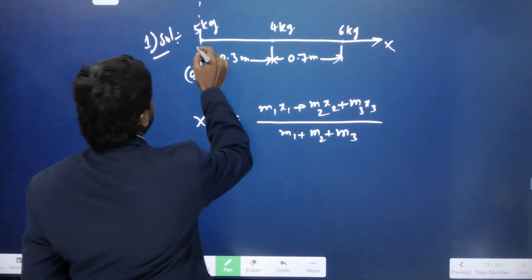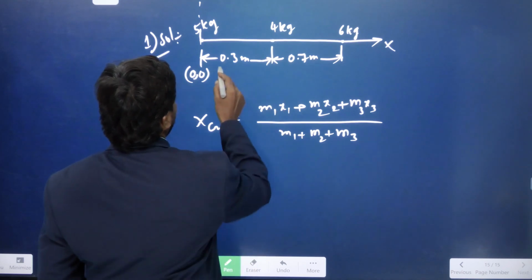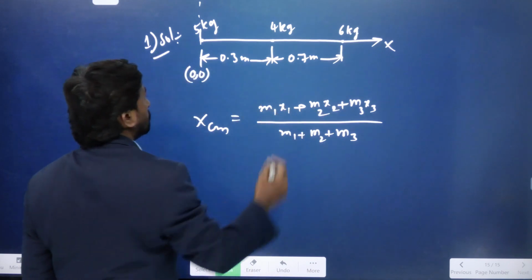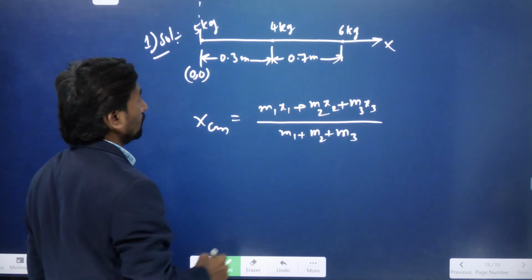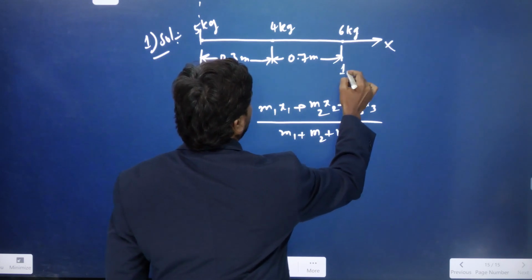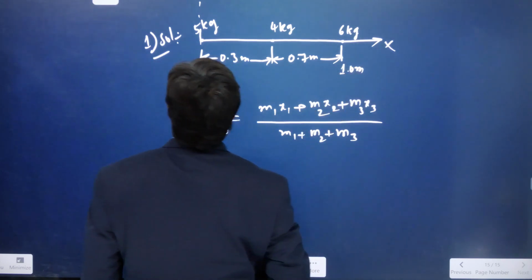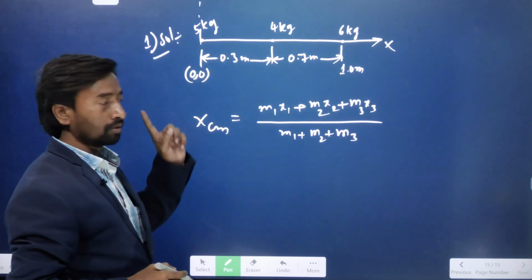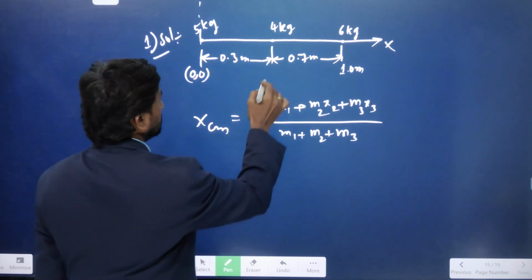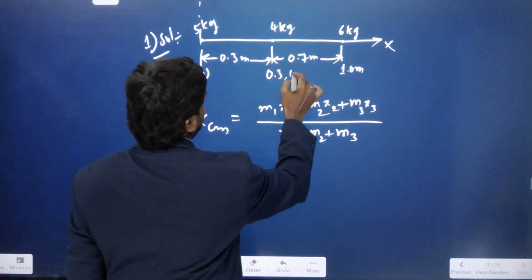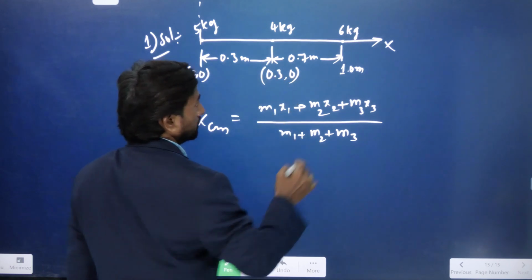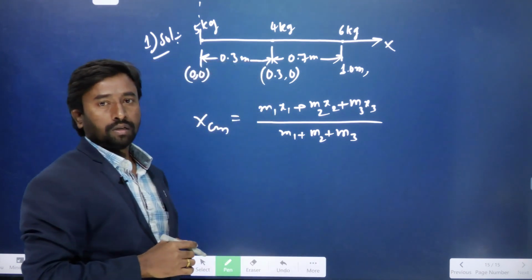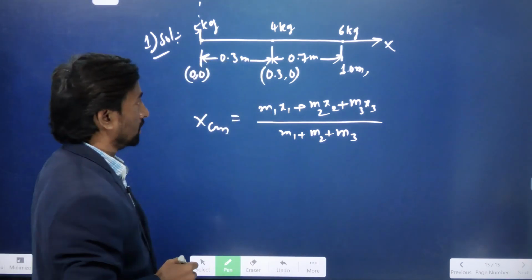Now from the origin, the 4 kg mass of the body is at 0.3 meters and the 6 kg mass of the body is at 0.3 plus 0.7, that is 1.0 meters. Now the coordinates for the 5 kg mass are 0, 0, and for the 4 kg mass it is 0.3, 0, and here it is 1.0, that is 0.3 plus 0.7, so 1.0.